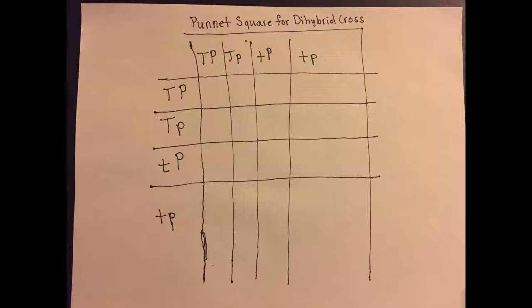So you'll see that we now have our setup of the Punnett square, and this is one of the best ways to set it up. You can have either the male or female either on the side or at the top. It doesn't really matter all that much for the dihybrid cross. And so next we'll get to the fun part of filling out the square.